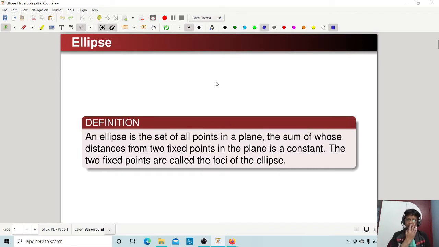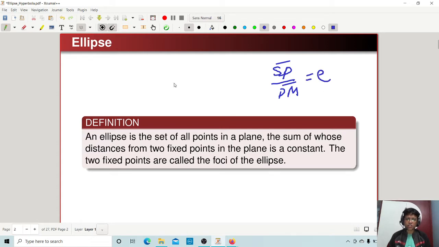So you know that I told you the definition of the conic. In that case, the ratio SP by PM is equal to a constant, and the constant is known as the eccentricity. S is the fixed point, this is called the focus. P is the movable point anywhere in the plane, and this is the directrix.